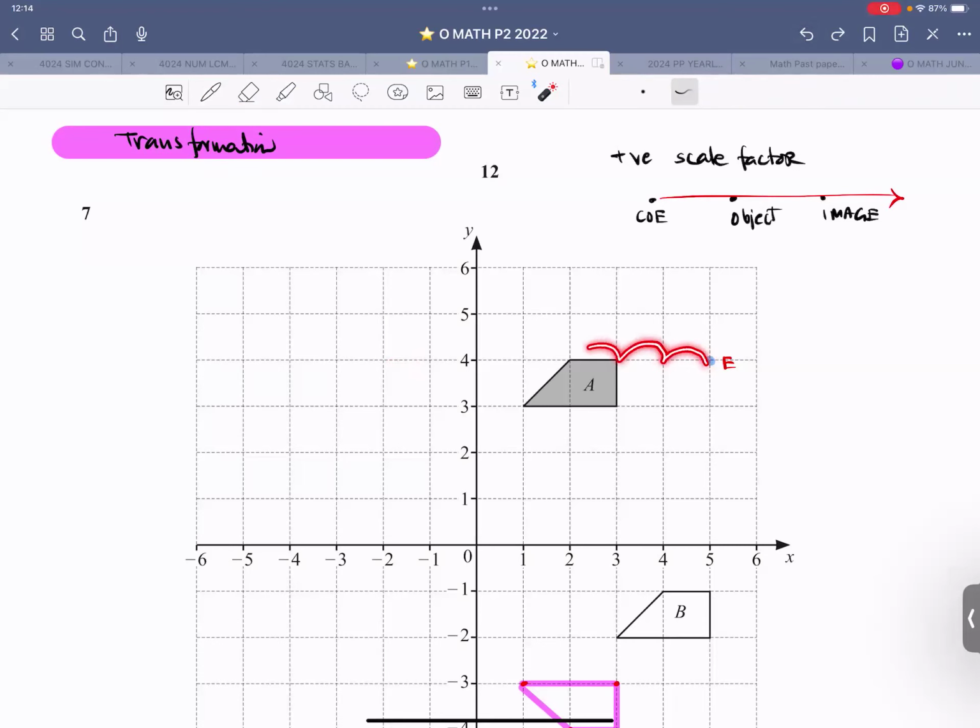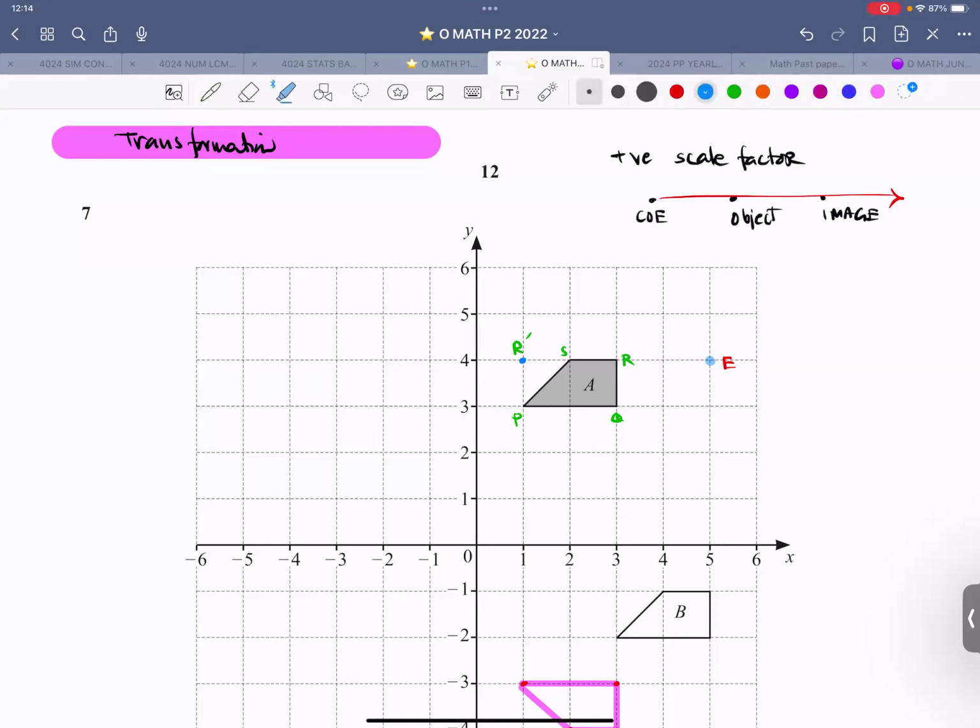So 1, 2, 3, and 4. So just mark this point. If I label these points, for example, this is P, this is Q, this is R, this is S. So basically, this is R prime. And that's all I need.